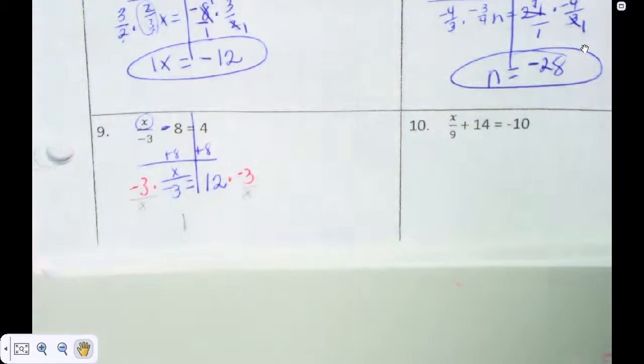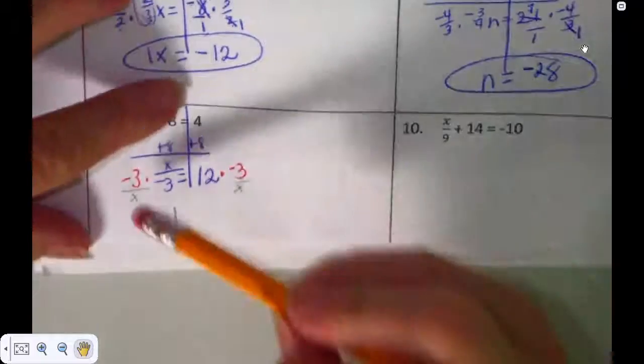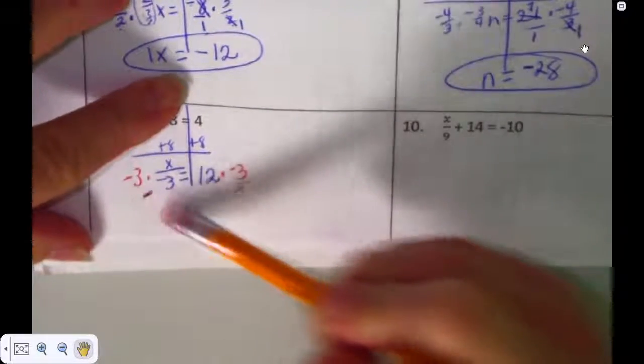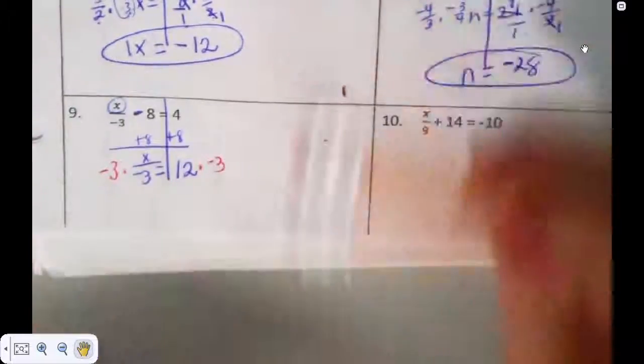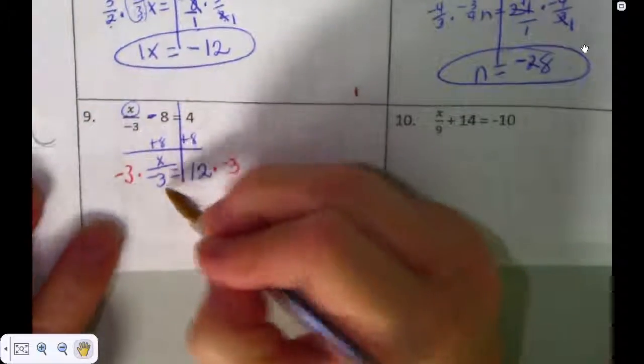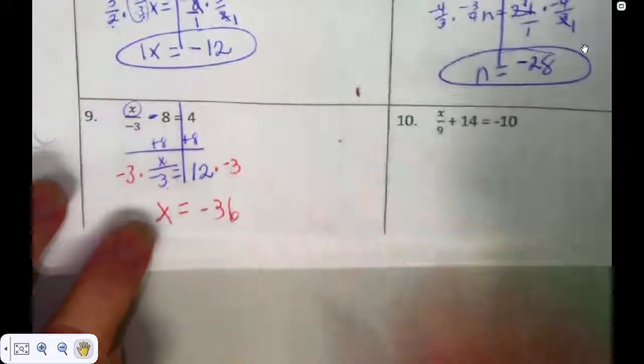Not a 1X, you're going to get a 1. And I understand because you're thinking you flip it, but that's when a fraction is in front of the variable. So you're just multiplying by -3 because that's division. So X is what? -36.